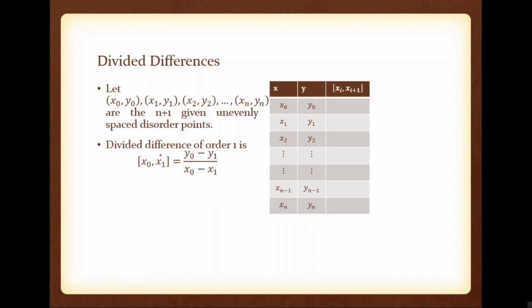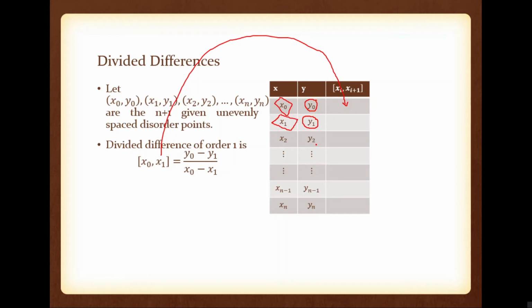And what is the position of this one? This particular thing. So this one is the position of x0, comma x1. And what is the current value, that is y0, minus the next value y1, divided by the current independent variable x0 minus the next independent variable x1.